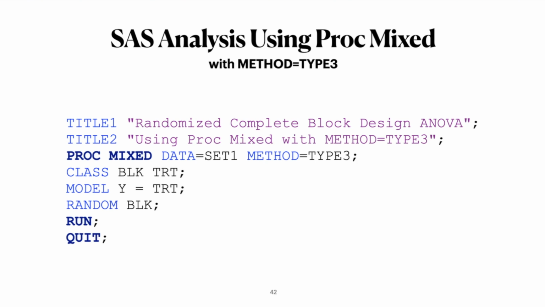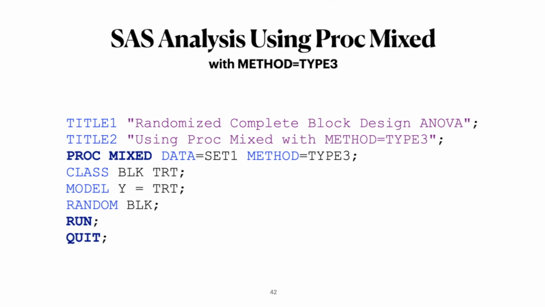But in order to fit a randomized complete block model, we have to use a procedure that can fit random effects, and there are at least 2 procedures in SAS that will do that. One is proc mixed, as we're seeing here, and the other would be proc glimmix.